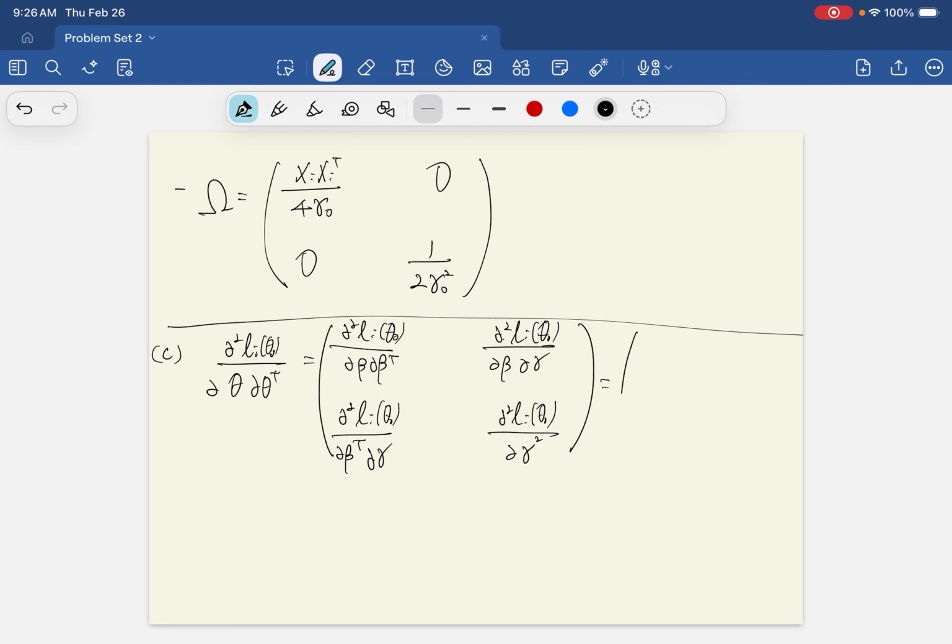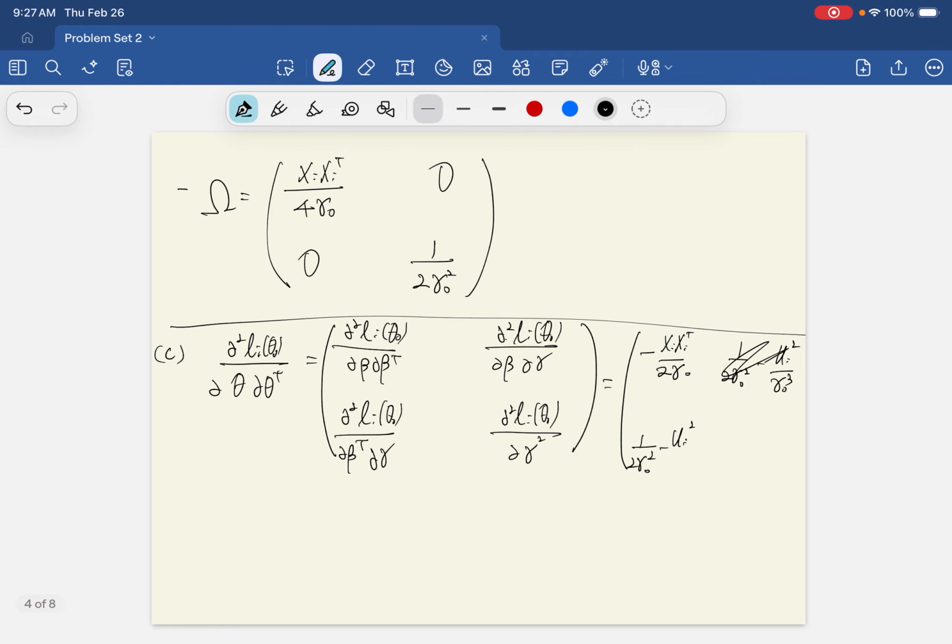And we already calculated the second order derivatives and just plug in theta 0. Then we get minus xi transpose 2 gamma 0, and here we get 1 over 2 gamma 0 squared minus ui squared over gamma 0 to 3. Same thing goes here.